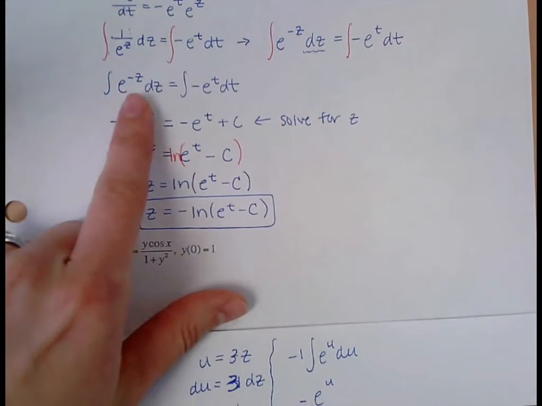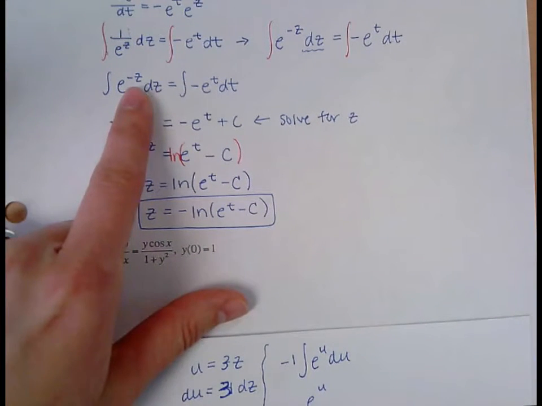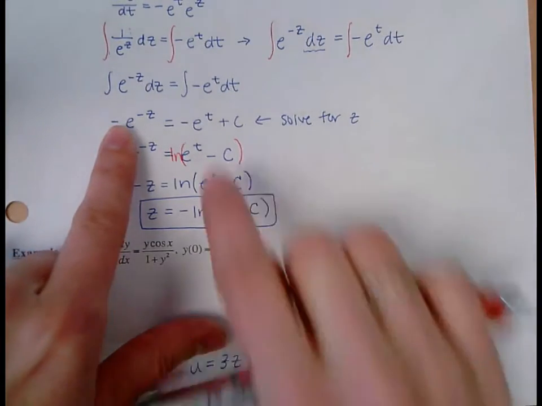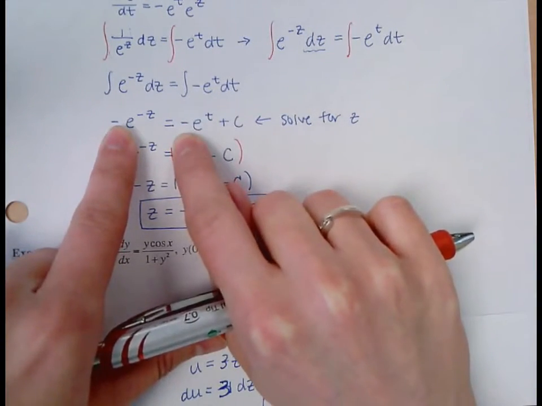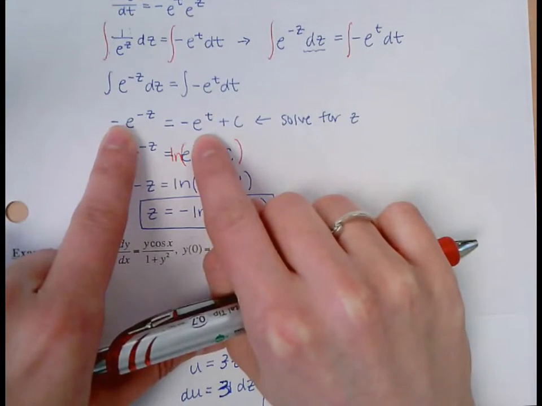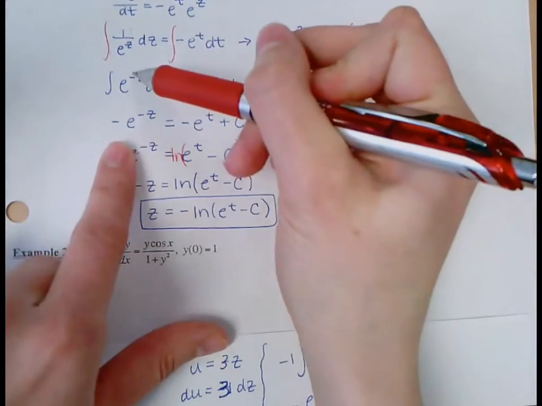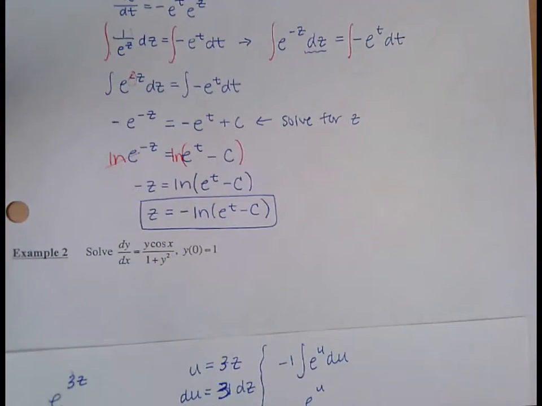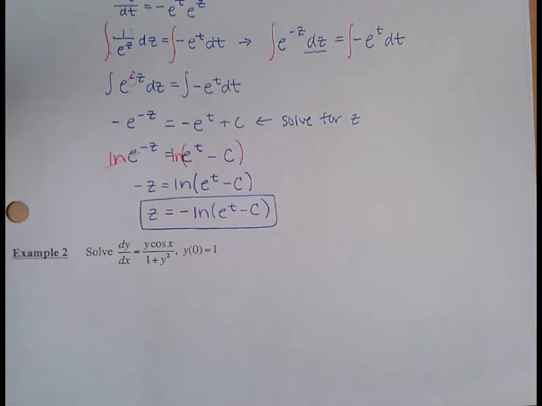You would let your u be negative z, and that's why it ends up having the negative in front, whereas this negative is just a coefficient, and the antiderivative of e to the t is just e to the t. But because this negative is here that makes this antiderivative different. I can show you that if you missed it though. Okay.